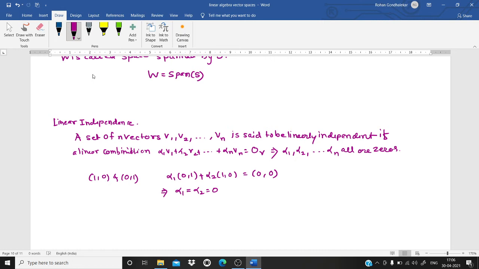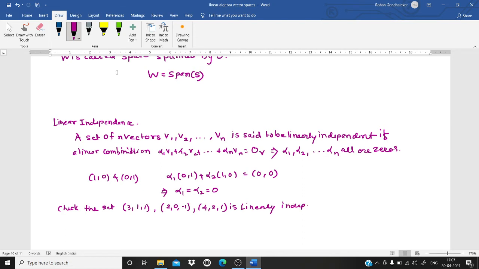Check whether the set of vectors (3, 1, 1), (2, 0, minus 1) and (4, 2, 1) is linearly independent.